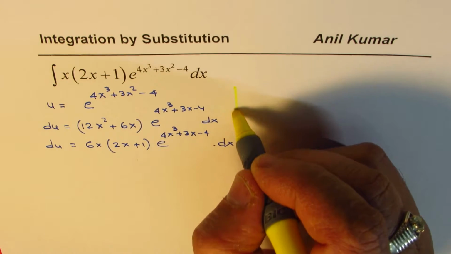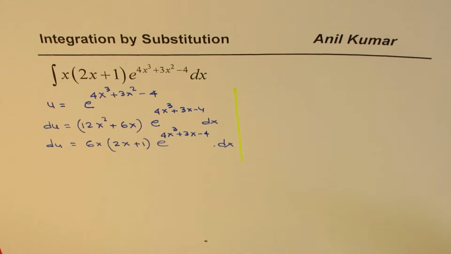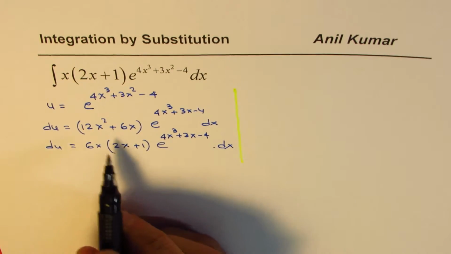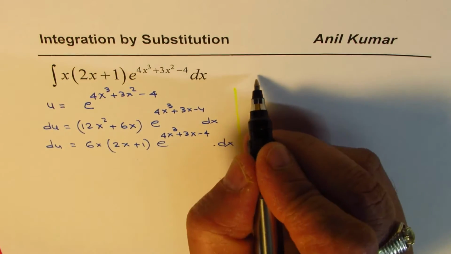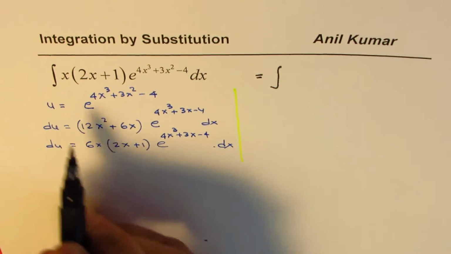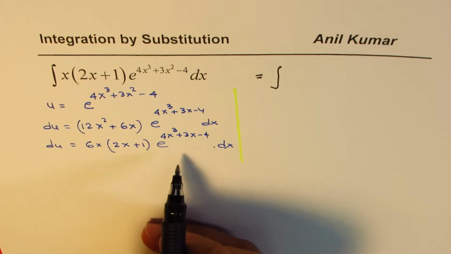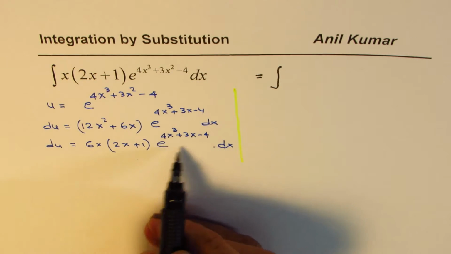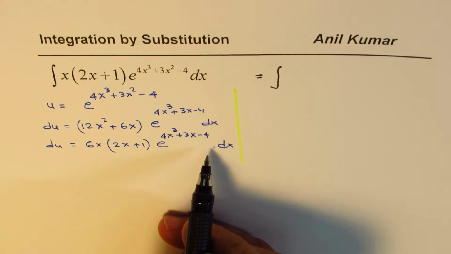So we learned this substitution. Now let me rearrange this part so that we could directly substitute it. I'm doing one extra step here, which is not really required. We know e to the power of all this times dx.